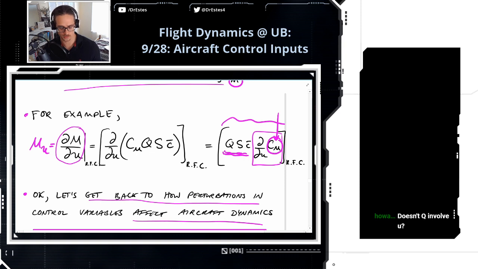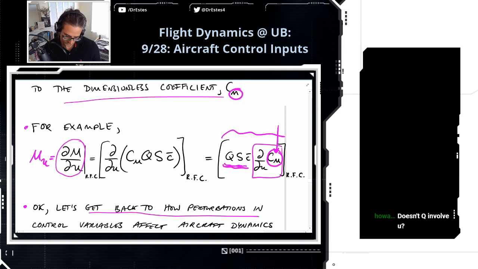Doesn't Q involve U? Okay, because Q is 1/2 rho V squared. Oh my goodness. You're absolutely right.